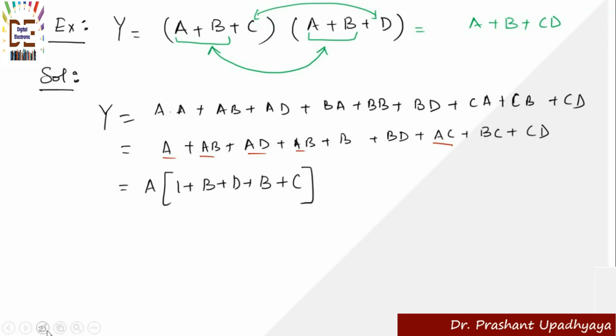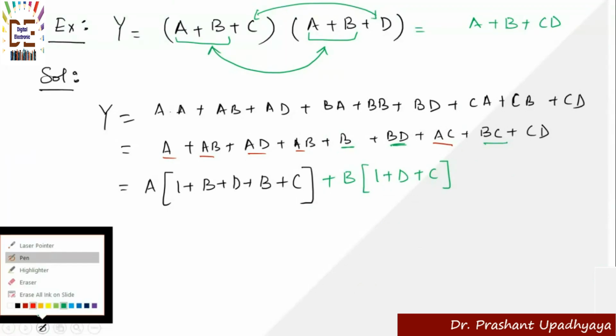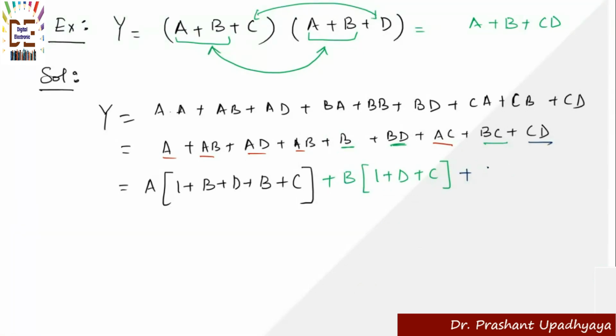Now take where b is common: b times 1 plus d plus c, and what is remaining last is cd plus cd. Now you can see your answer will be a plus b plus cd.